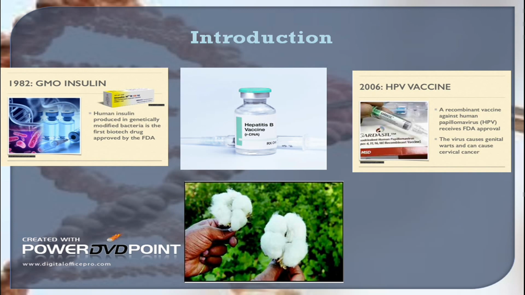Bt stands for Bacillus thuringiensis, the bacteria whose gene has been inserted into the cotton and made it insect resistant by producing a certain kind of protein which we will learn about in the upcoming chapters.